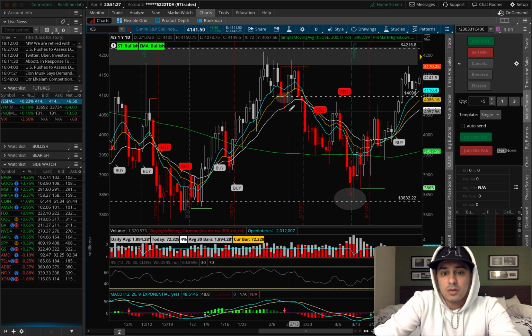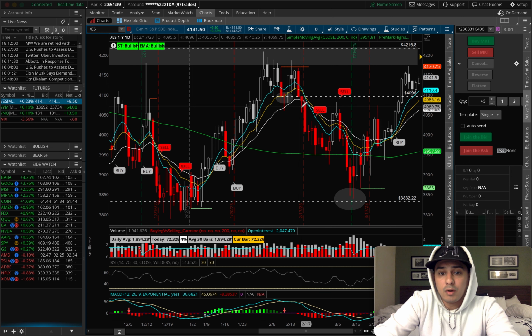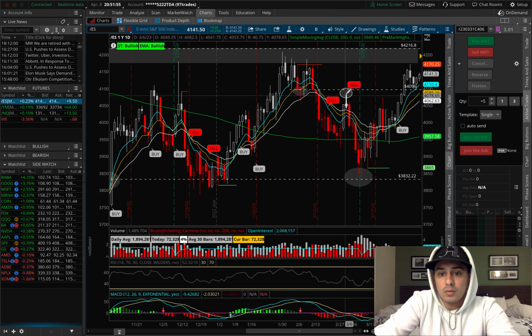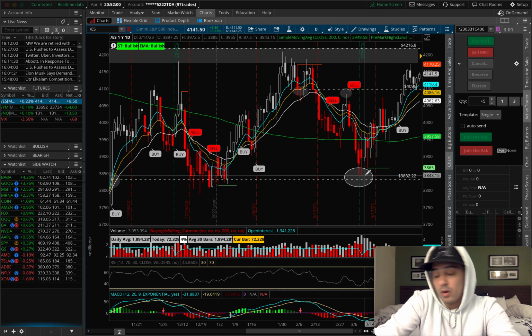So you can see we pushed up to this supply zone up here, pulled back down. We caught support right here around 4096, 4100. We broke below, and then you see right here we pushed back up where we kind of rejected that level. Now we pushed all the way back down to test this support right here, and if you go back, you could see that when we rejected here, we pushed all the way back down to retest this demand zone down here, where it held up.